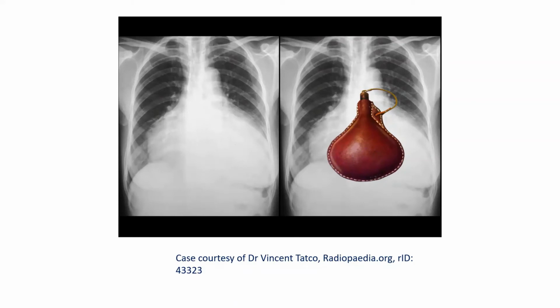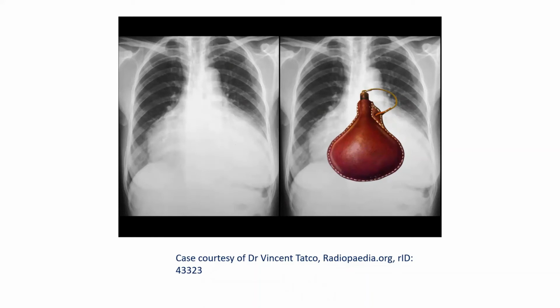By the way, don't be too confident, okay? If you see a heart like this, you cannot say categorically this is pericardial effusion. It could just be cardiomegaly because of chamber enlargement, okay? So I am not confident at all to diagnose pericardial effusion based on chest X-ray, no matter how romantically the morphology is flask-shaped or water bottle-shaped.